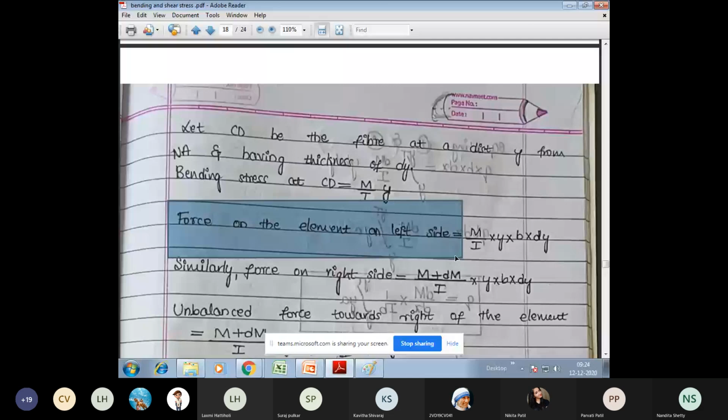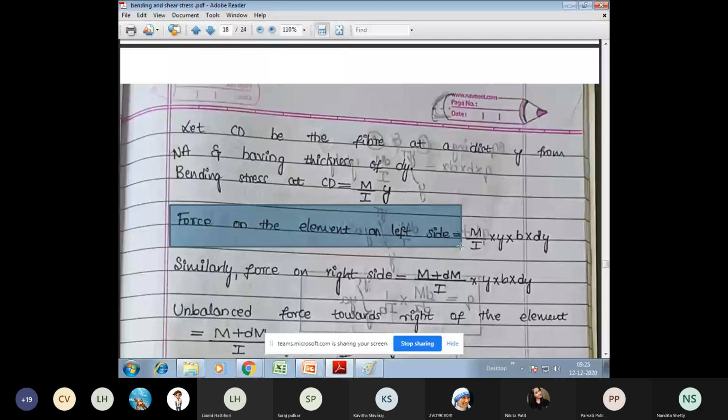I'll just explain this. This formula is for bending stress at CD. Now, at the same point CD, can I get the force acting on the left side of the CD?